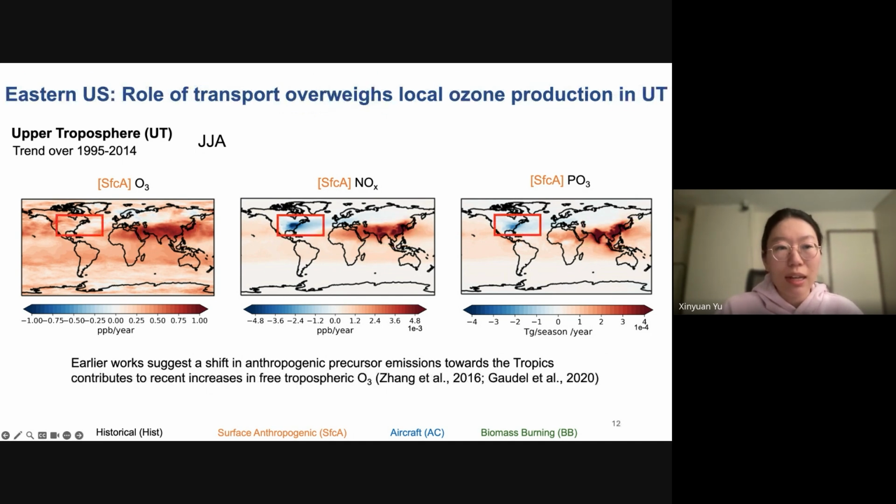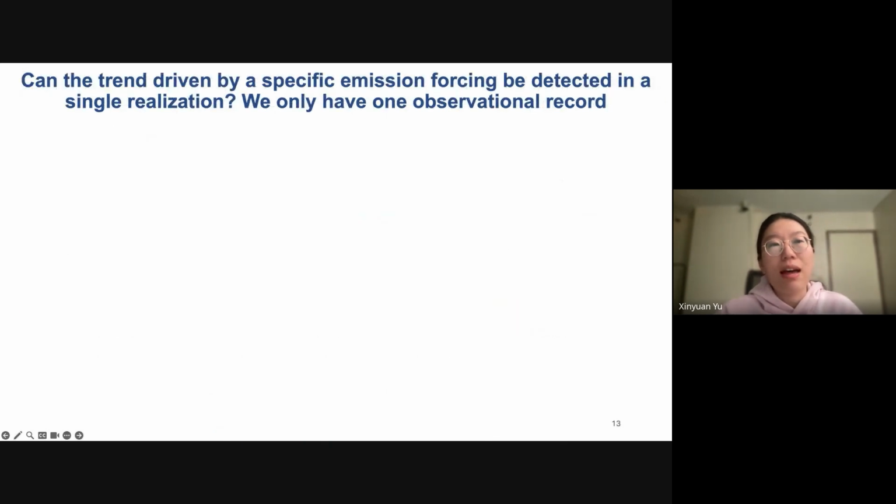And in contrast, the increase in upper tropospheric ozone over the US occurs where the precursor emissions and the in-situ production of ozone have decreased. So this highlights that transport plays a more significant role than local production in shaping the historical upper tropospheric ozone trends over the US.